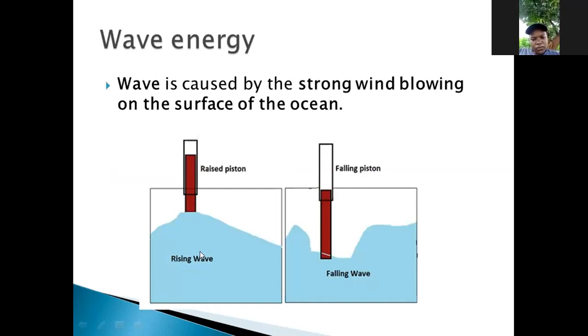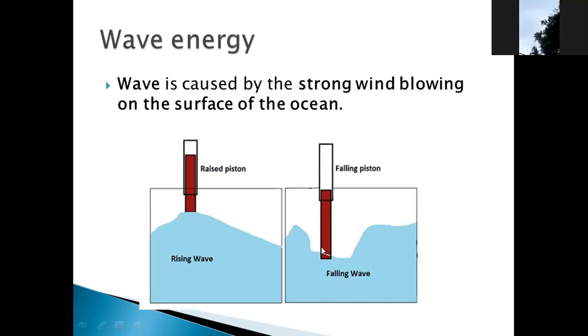When a wave is rising, it pushes the piston, and the piston can rotate an attached turbine here. When it falls, it creates something like a vacuum inside here. And that vacuum which has been created, the atmospheric pressure can push the piston downwards.